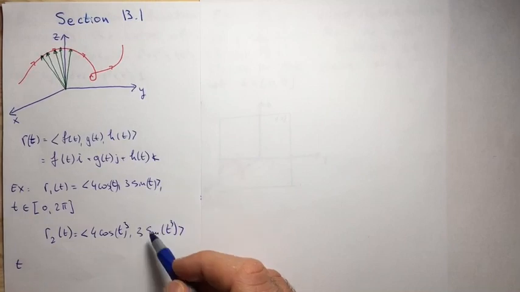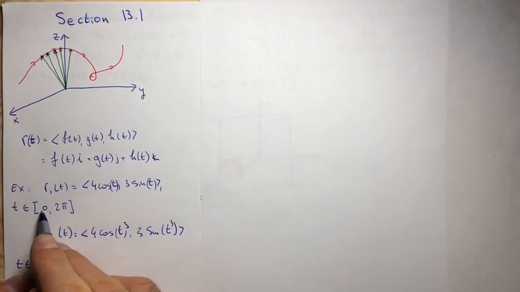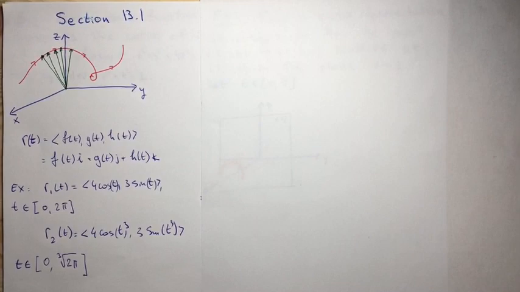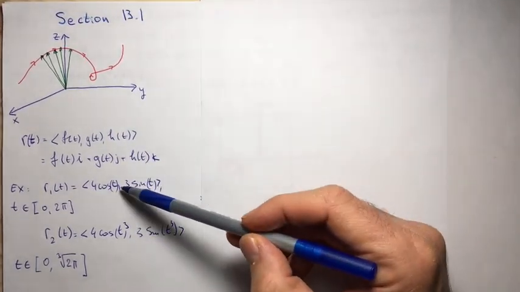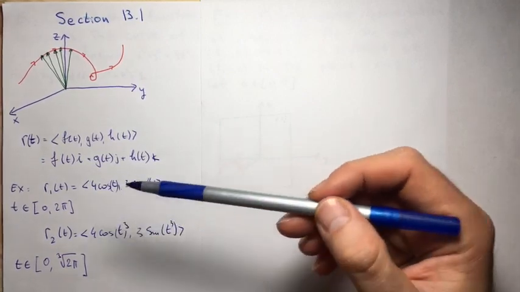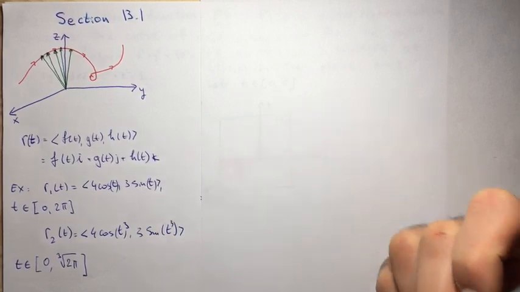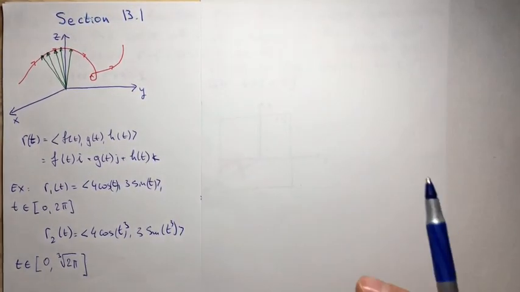So these two are going to describe the same curve as long as t in the second parameterization runs from the cube root of 0, which is 0, to the cube root of 2 pi. So of course, as you can imagine, just by adding or subtracting numbers or raising t to different powers, you can have infinitely many representations of the same curve.